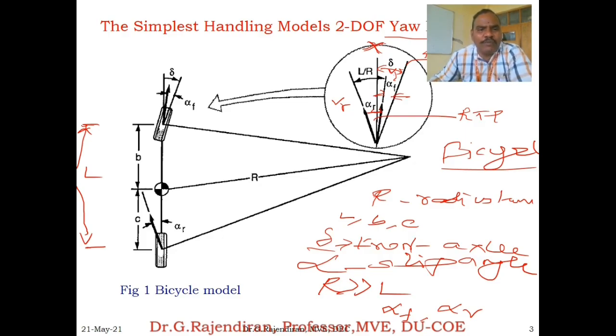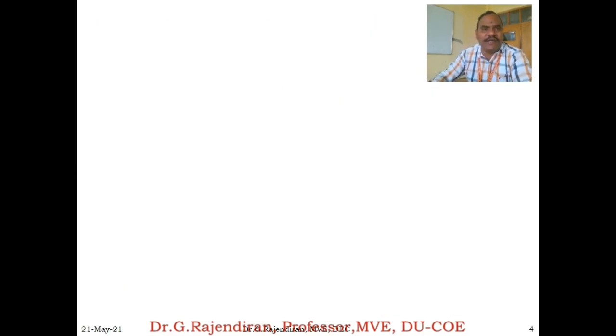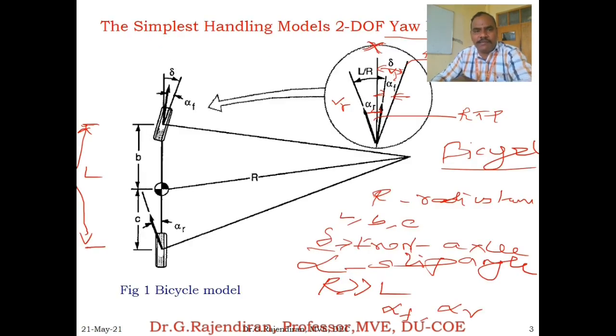So when you are superimposing this, what is the angle between these two vehicle forward velocities? The angle between the vehicle forward velocity Vf and Vr is equal to L by R. Clear?